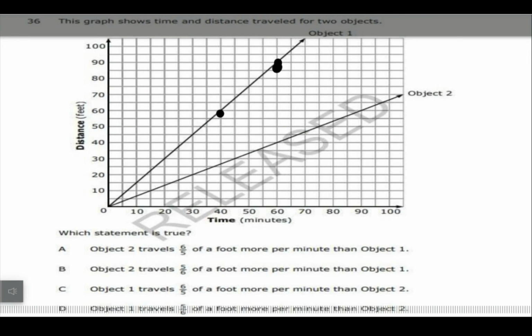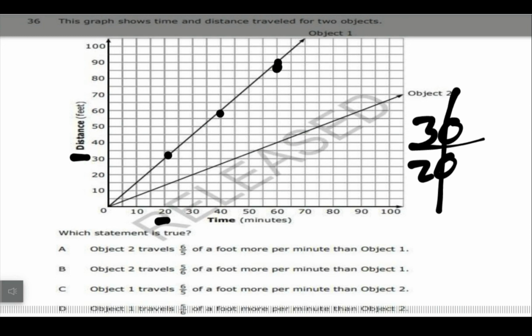Also right here is another one, and then right here. So you're going to do your y divided by your x. Wherever they meet, they're all going to give you the same. So for object one, it's 30 over 20, which again, if I cross off zeros, is just 3 out of 2.